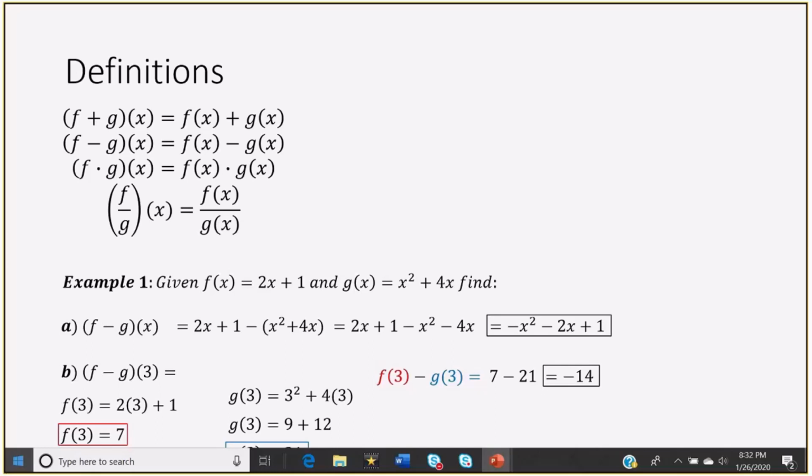Quite often it is easier to find the parts and then get the final number, but sometimes you might have already found the function, or sometimes finding the function or adding or subtracting the individual functions isn't so hard, so you want to do that first and then plug in. Either way is fine.